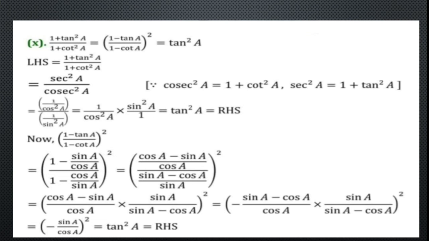Just copy one line and understand the reason behind it, why you are writing that particular line. If you practice these problems yourself, then you will be able to understand.